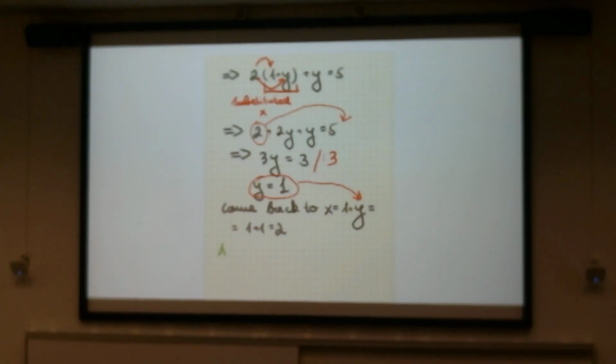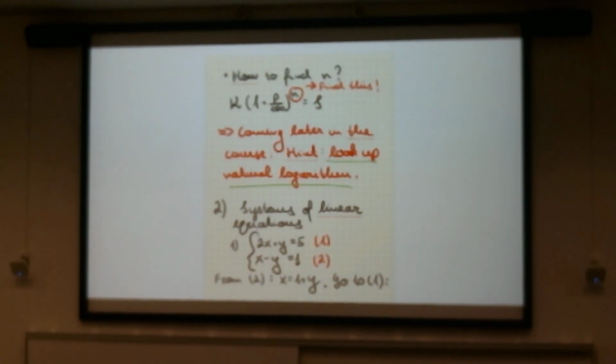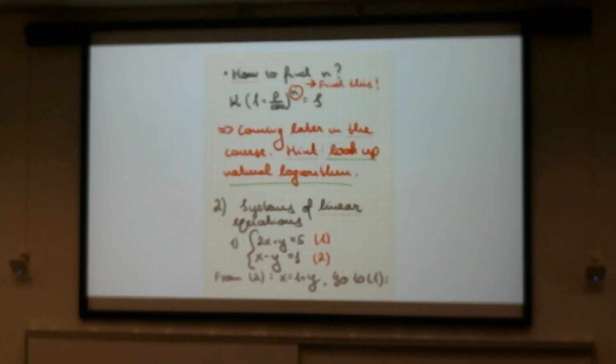So then the answer is x equals 2, y equals 1. Like this. Yeah, so you can look at it quite algorithmically, right? So you take any equation, express one of the variables.